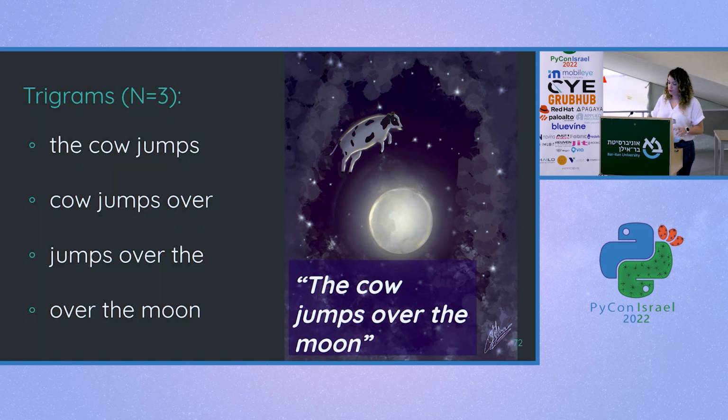When we're talking about 3-grams, we're talking about a window of 3 tokens combined. And again, it's also a moving window. The cow jumps, cow jumps over, and so on. And then when we use that to put into a model, we're taking into account the weights of that specific order of events, and its weight according to the entire corpus, the entire data frame of events.